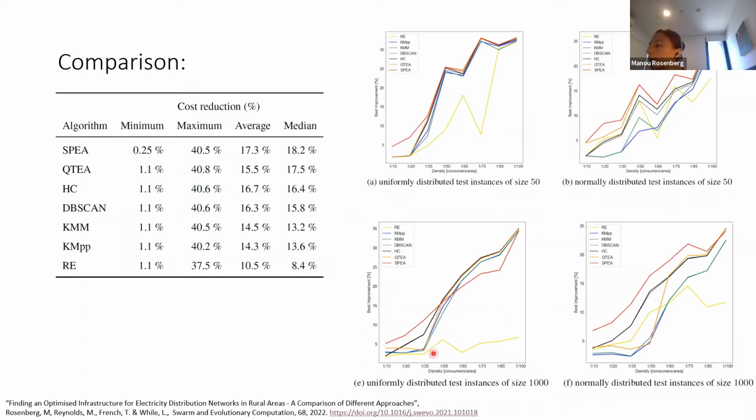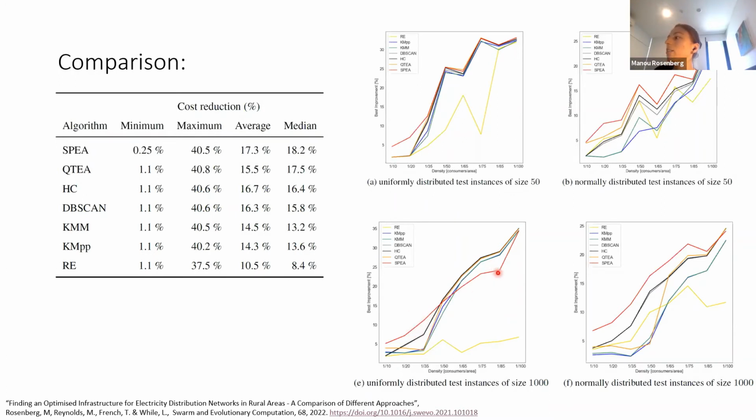But if we look at the uniformly distributed ones, for very sparsely distributed consumers, so they're spread over a large area, the problem-specific evolutionary algorithm is performing best.